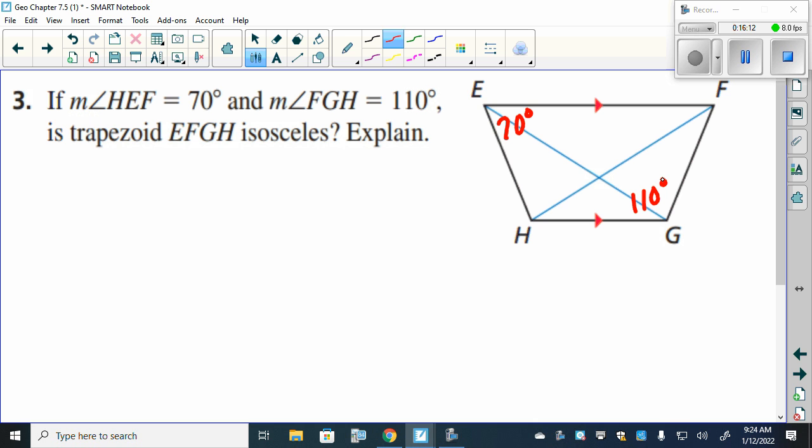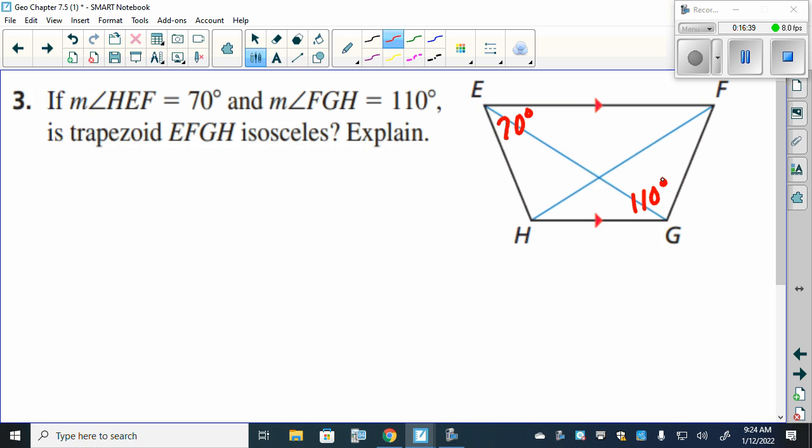And that's what we want to figure out. Now, we can say it's isosceles if what is true? Angle F is 70. Because one of the theorems that we had so far said that if the base angles are congruent, then it's an isosceles trapezoid.